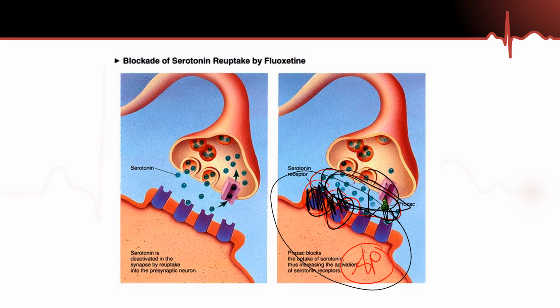This can happen months, years, sometimes never. But this oftentimes can happen to people over the course of time as they take SSRIs or any particular drug. What we call this is they generate a tolerance to it.